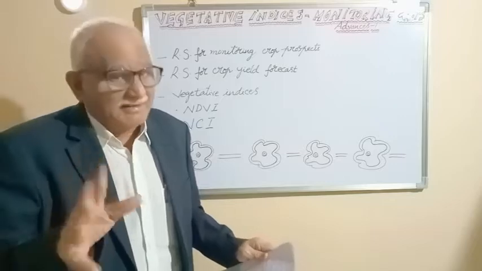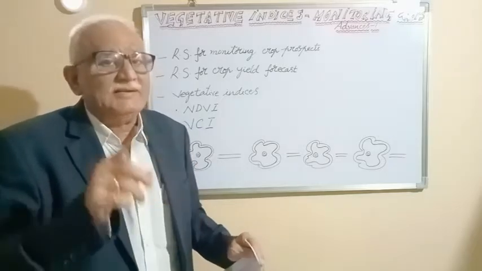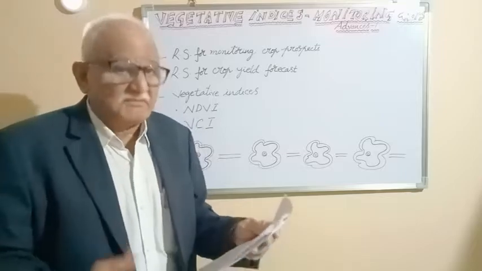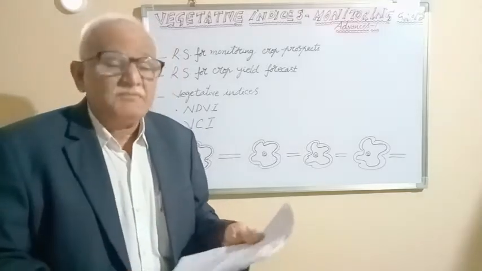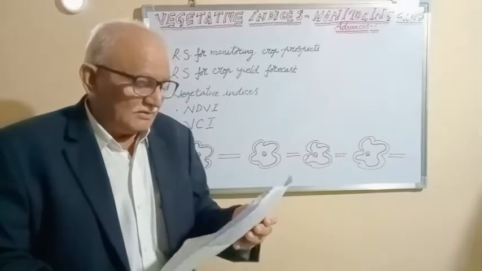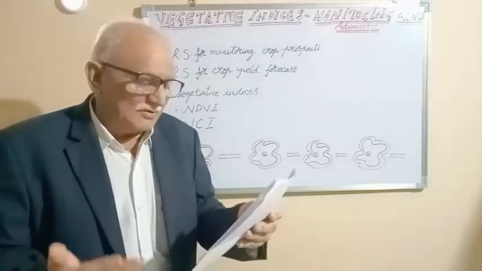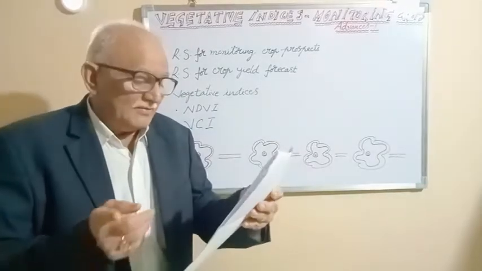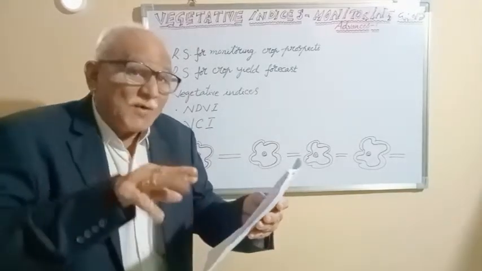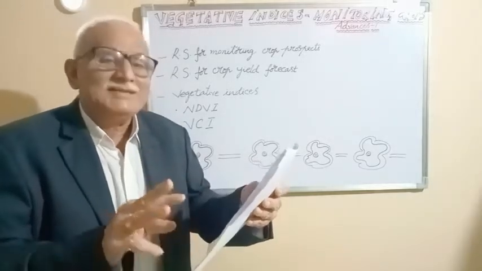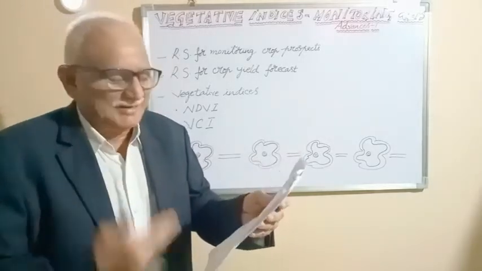Particularly in India, for rice crop yields, the vegetation condition index has predicted up to 90% probability. Now, see, the NDVI formula I have already done: NIR minus R by NIR plus R. NDWI, normalized difference water index, is NIR minus SWIR by NIR plus SWIR, as I told several times in previous classes.